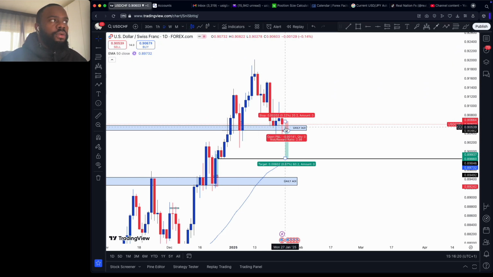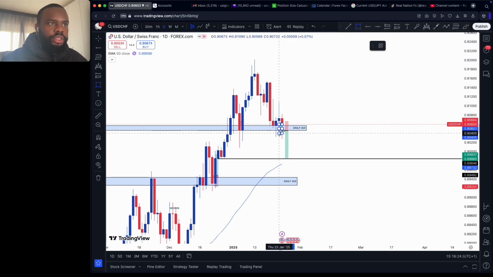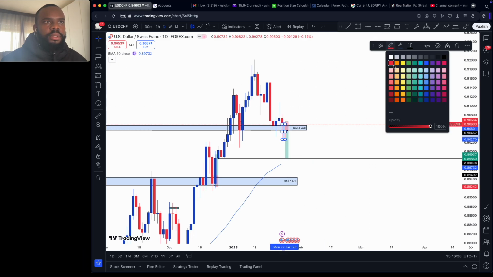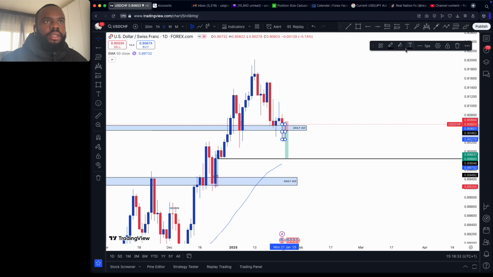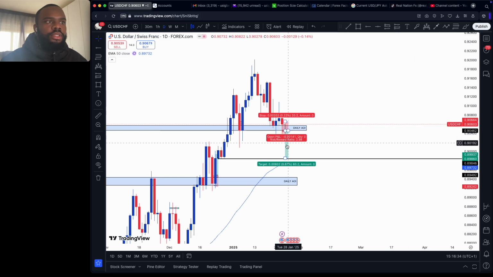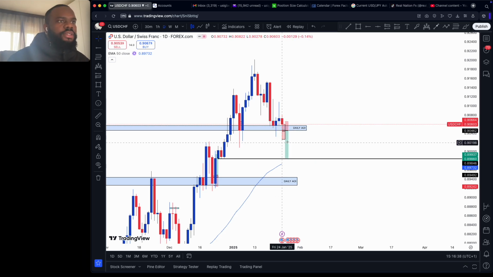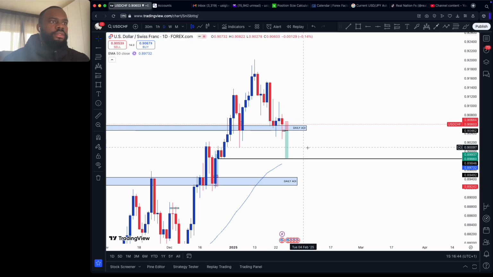I'll have to wait for a daily candlestick to body close like this. Once a daily candle closes like this, then I'll wait for a pullback to sell, to continue to sell the market to the downside.